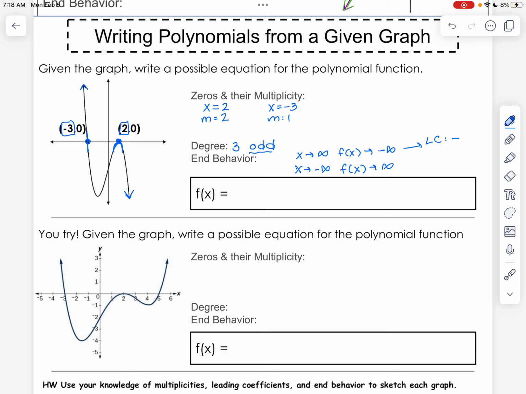We have got f of x equals, first we need the negative leading coefficient, and now we need the factored form for these zeros. So we have x equals 2, but what would that look like if it was in factored form? And so for that, you can think x equals 2. If I want to move 2 back over with x, I could subtract it and get x minus 2 equals 0.